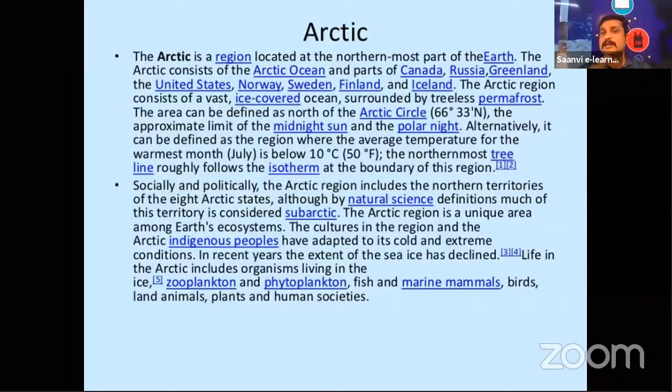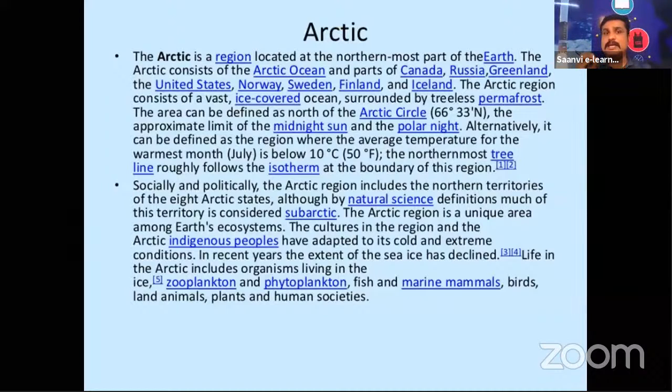More than 2 months of continuous days we can see there. The same way, next in summertime, winter time, you can see 2 months of continuous night alternatively. It can be defined as a region where the average temperature for the warmest month, July, is below 10 degrees Celsius, in the sense 50 degrees Fahrenheit.